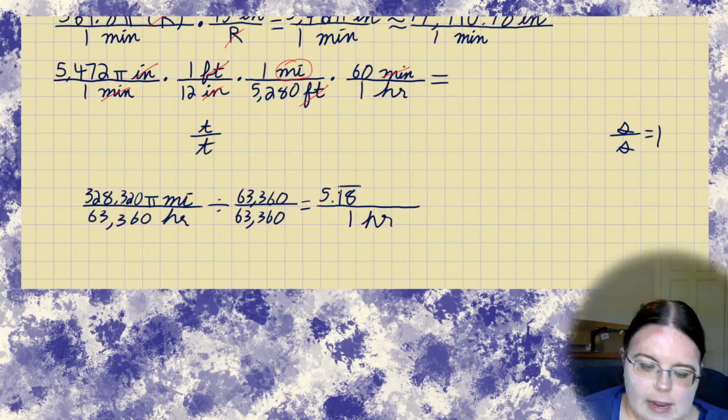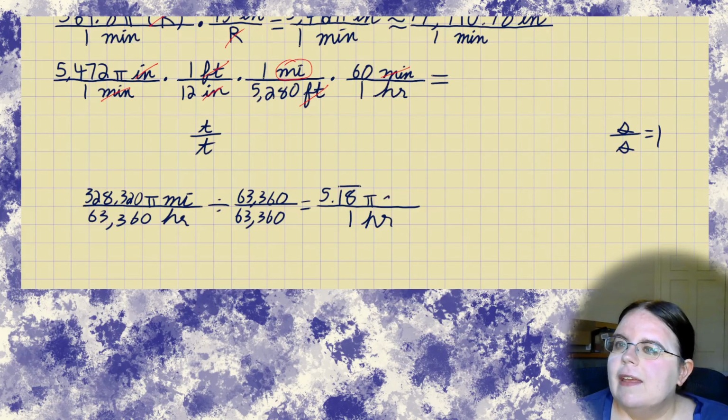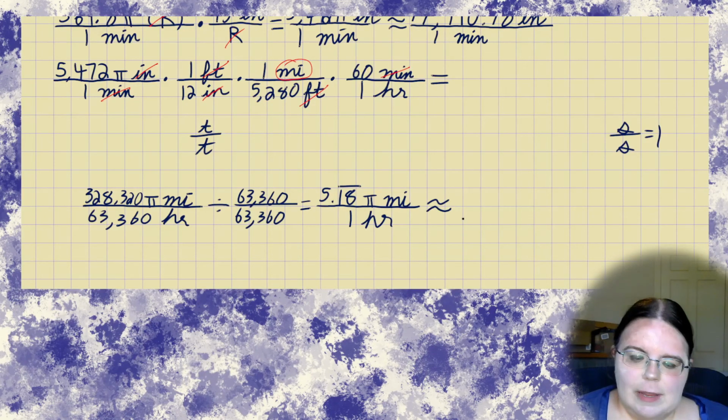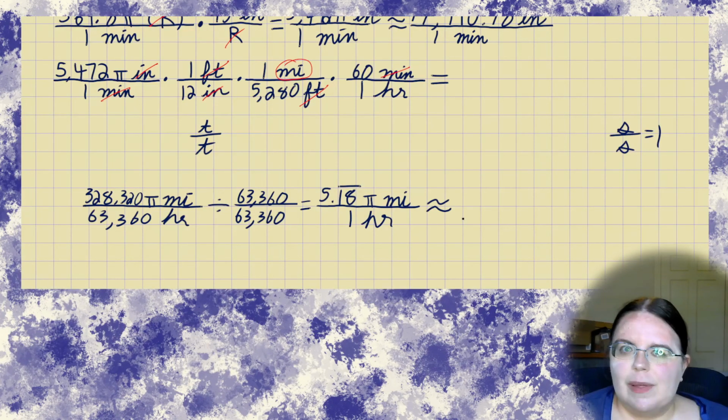And I get 5.18 repeating, so 5 and 18/99ths, and yes, we could simplify that. We don't care right now. But 5.18 repeating, still in pi miles. Now at this point, again, it would be useful to change that to an easier-to-look-at number, like just a decimal with digits.